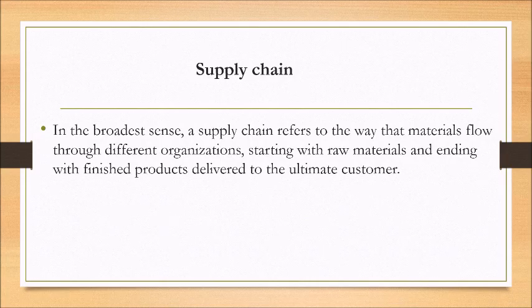So as per the customer wants, the product is manufactured, which starts from the raw material to a finished product. It goes through other stages also that we will see in the next definition.